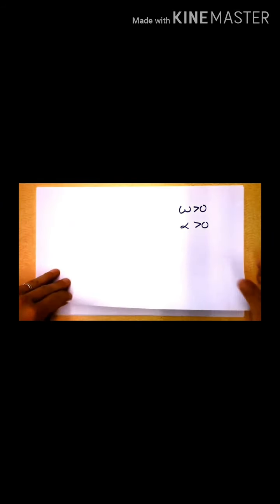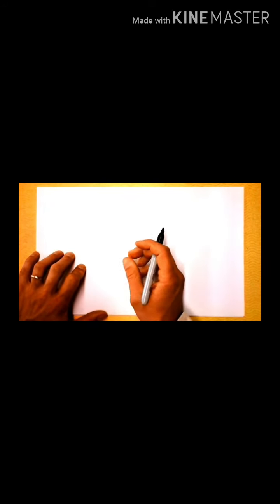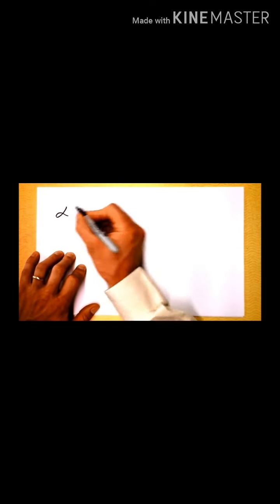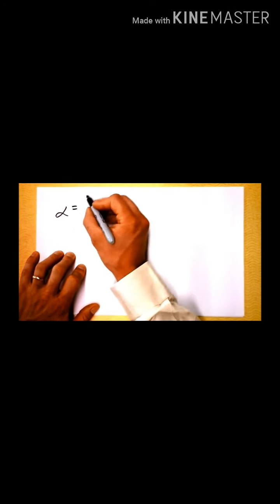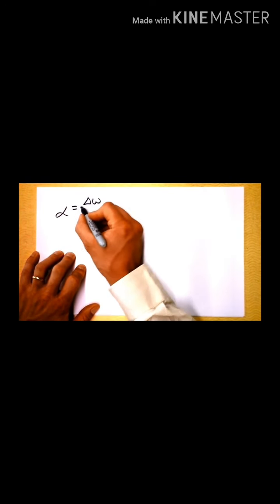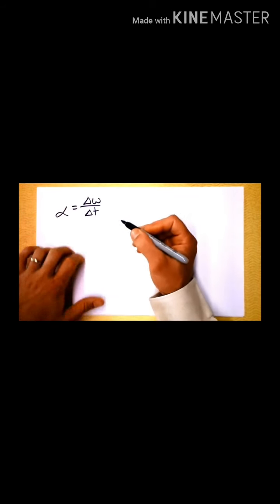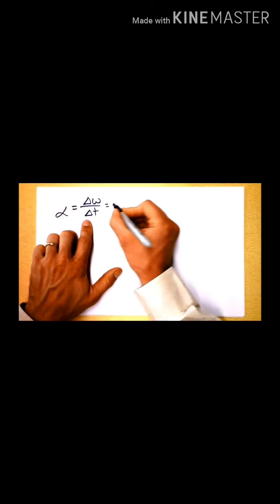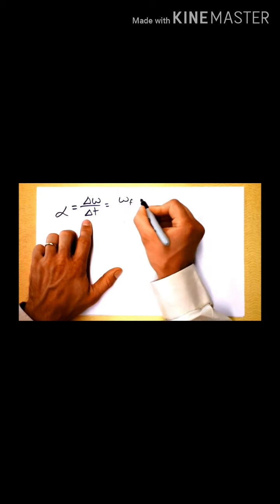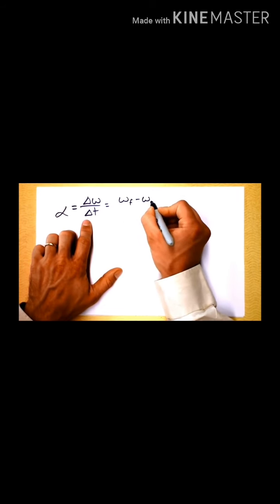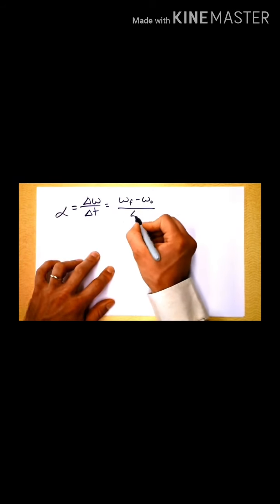Okay, so the cool thing is, with all of this nonsense, we finally have, you know what? There's an equation in kinematics that I call the definition of acceleration. So I'm going to write down angular acceleration. I'm going to tell you that it is delta omega over delta t, which is a little bit sloppy way to write it, but you know that that's omega final minus omega initial divided by time.